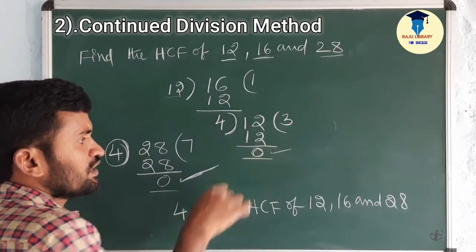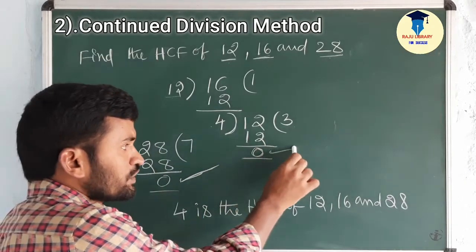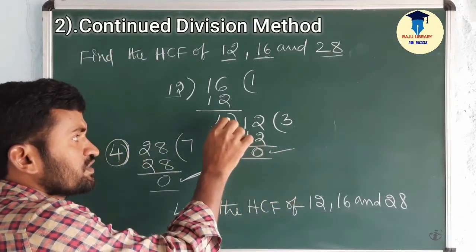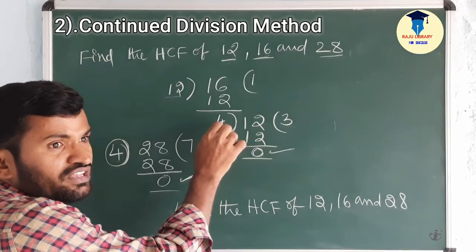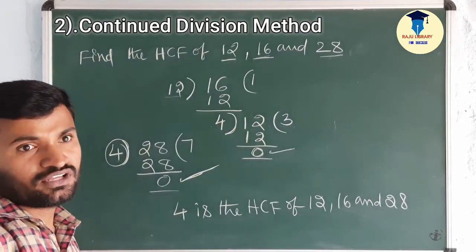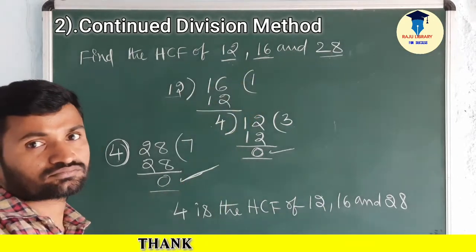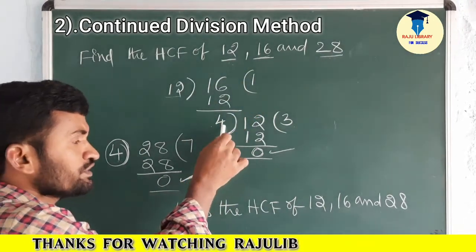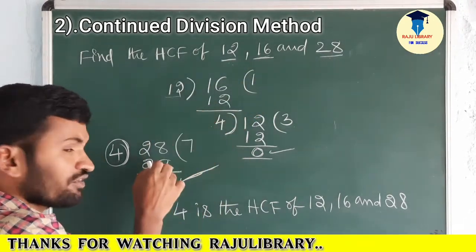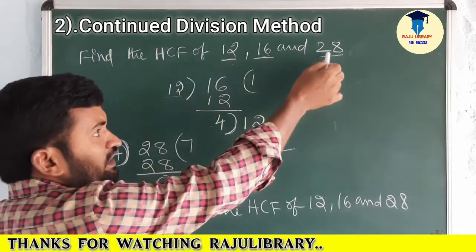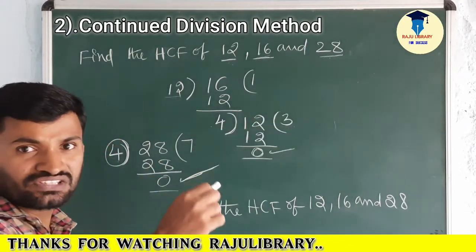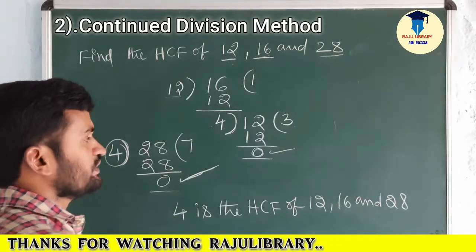The remainder is 0. When we get remainder 0, the divisor becomes the HCF. So here 4 is the HCF of 12 and 16. Next, using this 4, we continue our division method by taking the third number, that is 28.